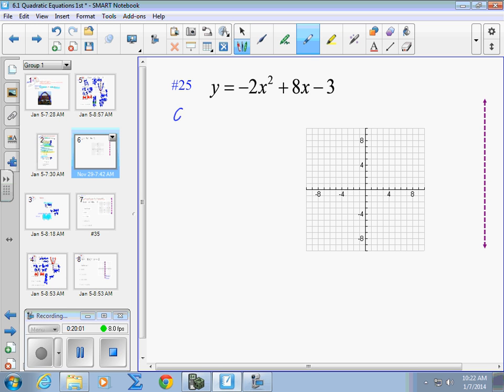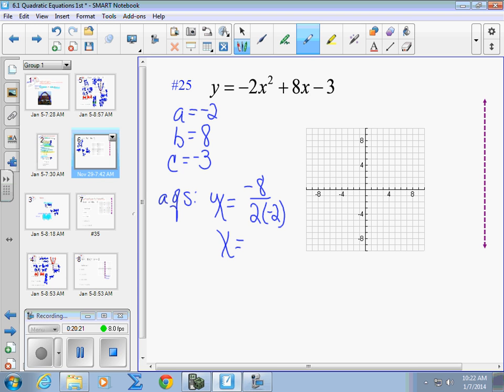So we have that a is equal to negative 1, b is equal to 8, and c is equal to negative 3. We're looking for the axis of symmetry. It is x is equal to negative b over 2 times a, which is negative 8 over negative 2.